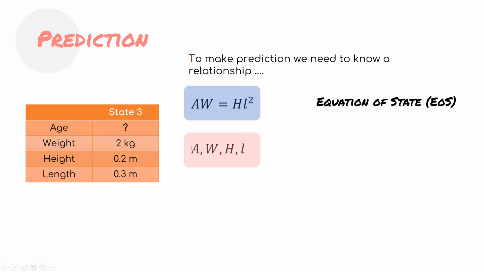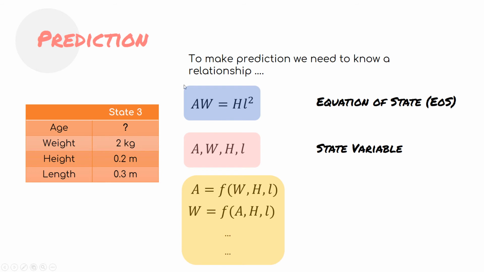Also, this AWHL, which is age, weight, height, and length, are state variables because they are information that belongs to the state. You can also rewrite this equation so that you have A as a function of W, H, L. You can rewrite this equation in four ways.